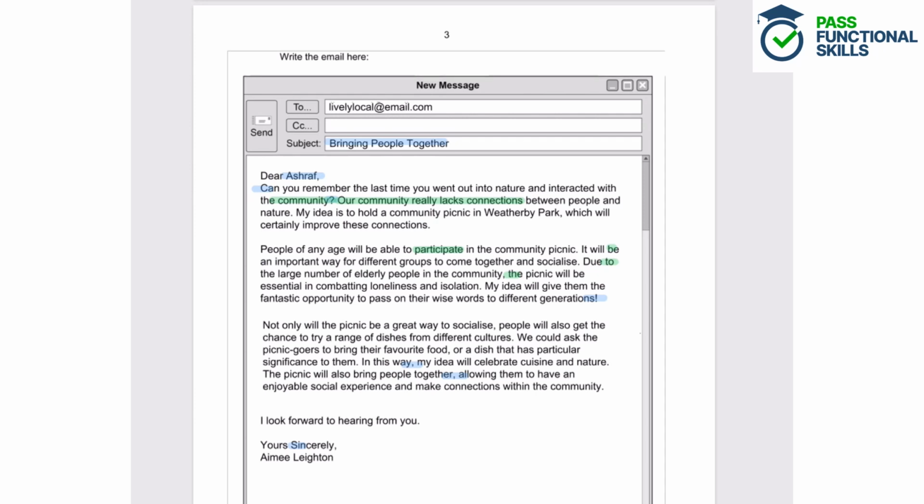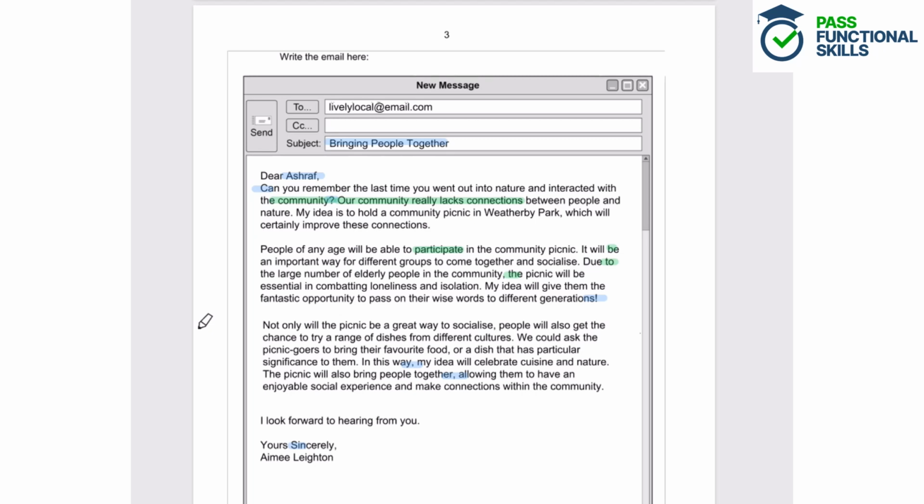Your good spelling, punctuation, grammar will also help you to make sure that your answer is clear and that all of it makes sense when you read it out loud. It's a good idea to get a friend or a family member to read through some practice answers and make sure that every single sentence makes sense, and see if they can spot any spelling errors or any incorrect use of punctuation.